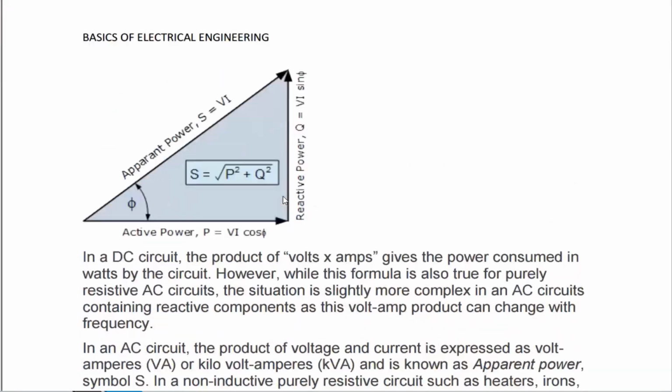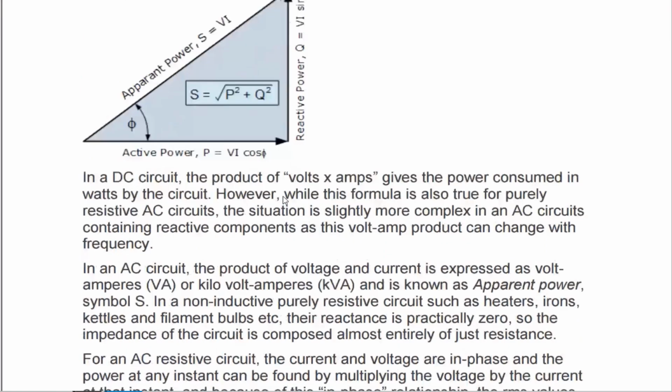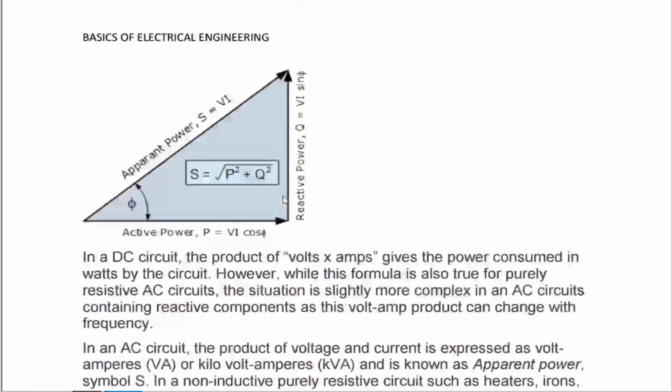Now, this is a triangle that is called power triangle in the case of AC circuit. So here, I was talking about the power factor. So here you can see the diagonal of this right angle triangle is apparent power.